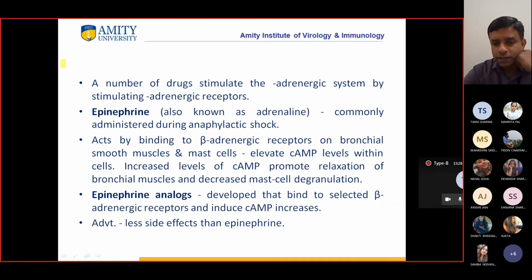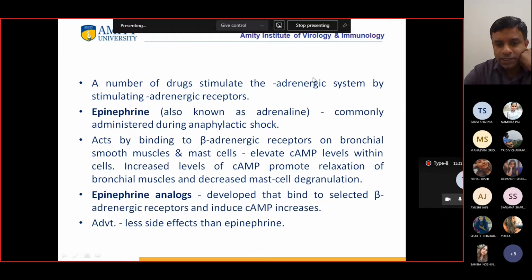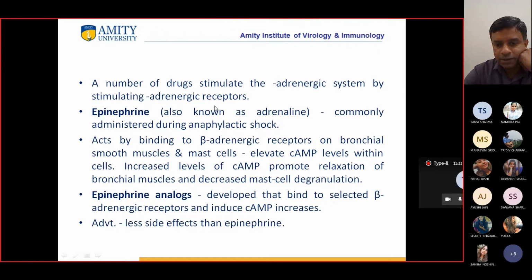A number of drugs stimulate the adrenergic system by stimulating the adrenergic receptor, and the best example is your epinephrine. We have already talked about it. It is also known as adrenaline. It is administered during anaphylactic shock, and we have already discussed the different ways by which it acts: by binding to beta adrenergic receptors on bronchial smooth muscles and mast cells.